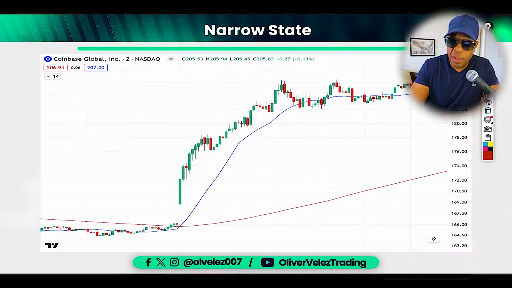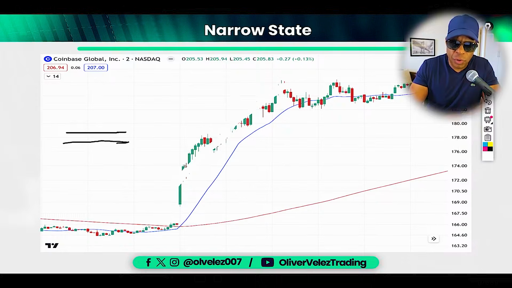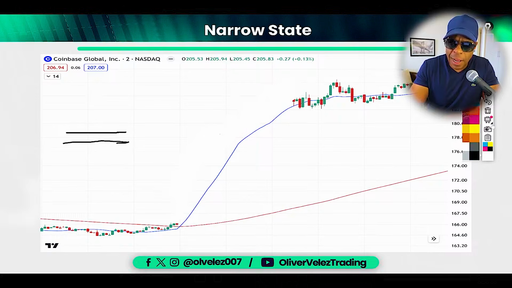All right? Now let me draw this again so you get it. Here is your narrow state. We don't know which side of the narrow state Coinbase is going to blast out from. We need to wait for that. So this hasn't happened yet. We don't know this yet. But if Coinbase breaks out of its narrow state powerfully like this, we're going to buy that bar.